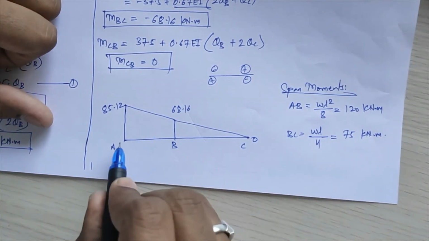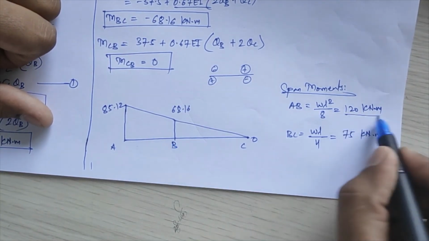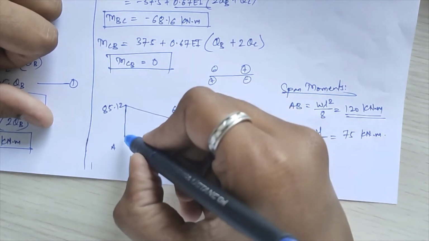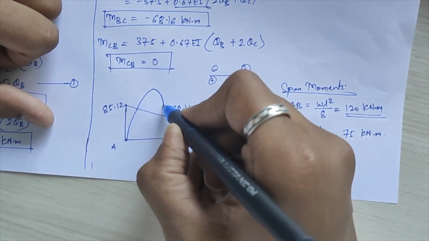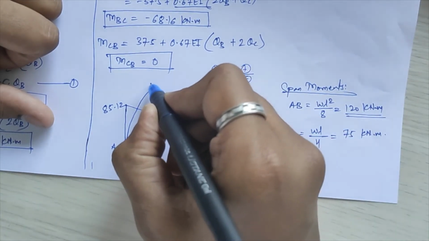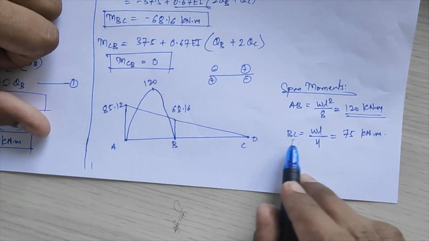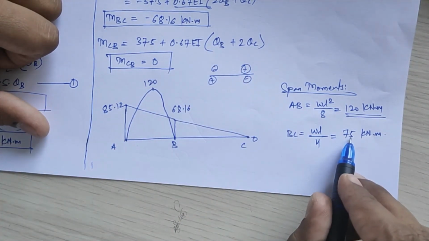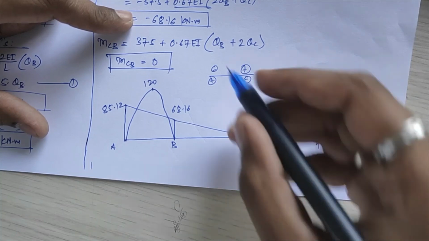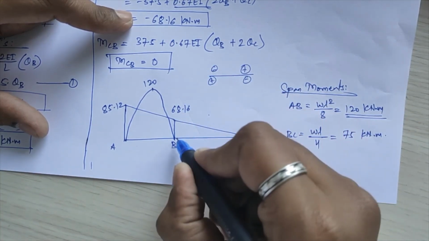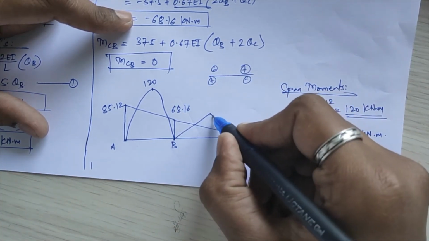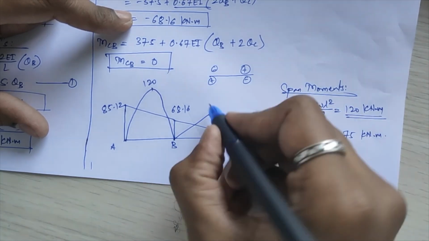Okay. So in portion AB, UDL is given to you, that is of 120, so that will follow a parabolic path. This is your 120. And in portion BC, a point load is provided and you are getting a maximum span moment of 75, so that will follow a triangular path, maximum at the center.